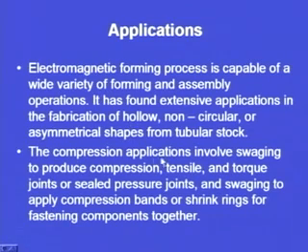The compression applications involve swaging to produce compression, tensile and torque joints or sealed pressure joints, and swaging to apply compression bands on shrink rings for fastening components together. So there are a number of application areas of this high energy rate forming process.